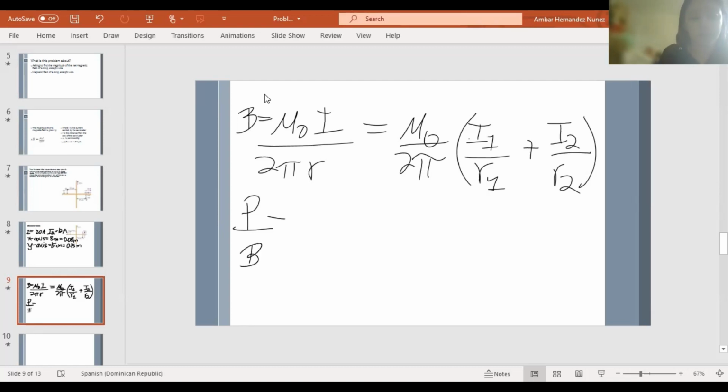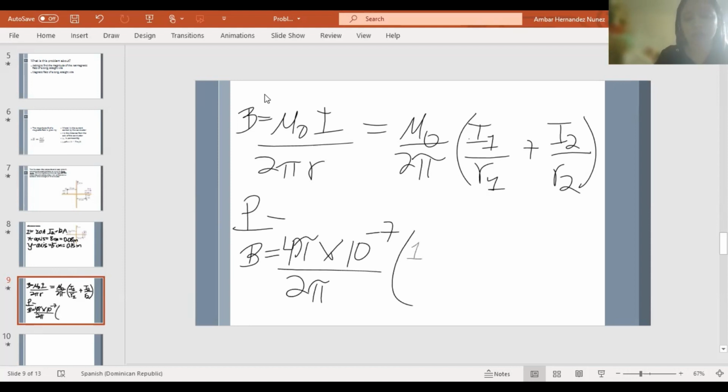So we have permeability that equals 4 pi times 10 to the negative 7 divided by 2 pi, times the first current, that is 10, divided by distance 1, that is 0.08, plus current 2, that is 12, divided by the distance 2, that's 0.15.